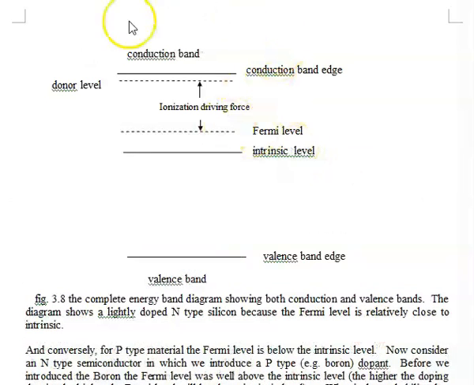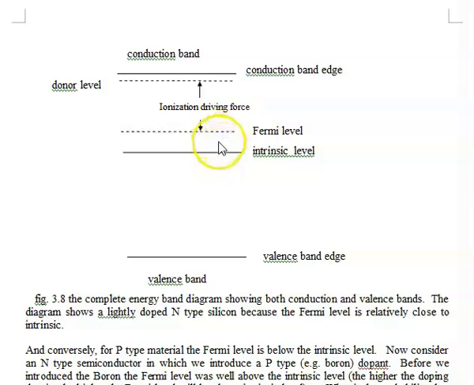But I'd just like to take a look at the total diagram right here. We have the conduction band, the valence band, the intrinsic level, the Fermi level. So I'll ask a question, is this N-type or P-type? And the key is, where is the Fermi level with respect to the intrinsic level?